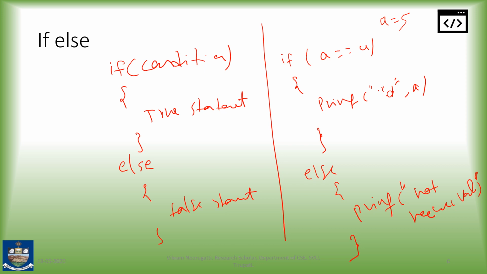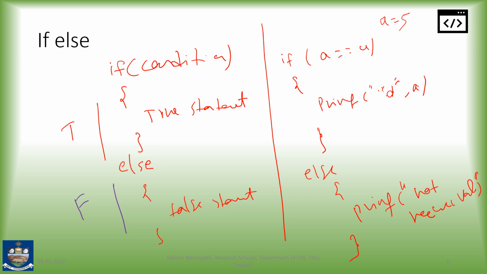Here we are concentrating on both the true part and the false part, because generally in real time we have both parts, true and false. In some cases maybe only the true part. There are some situations where only the true part is concentrated on, and some situations where both the true part and false part are concentrated on.